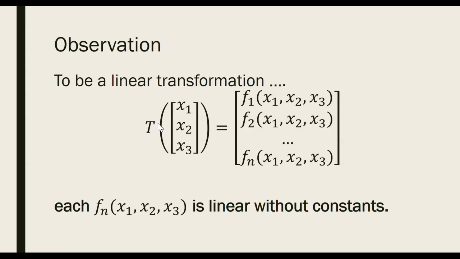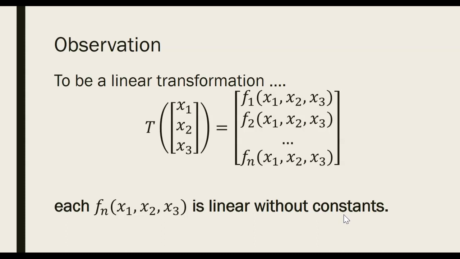If we have a linear transformation, and let's say it starts from R3, so the inputs are R3, that means there's 3 inputs. To be a linear transformation, each of the entries in our output vector has to be a linear combination of the entries in your input vector without any constants lying around.